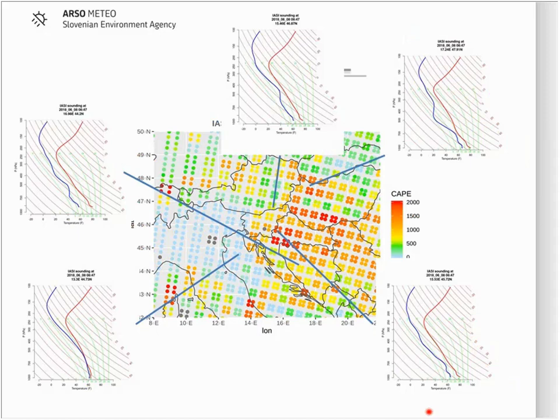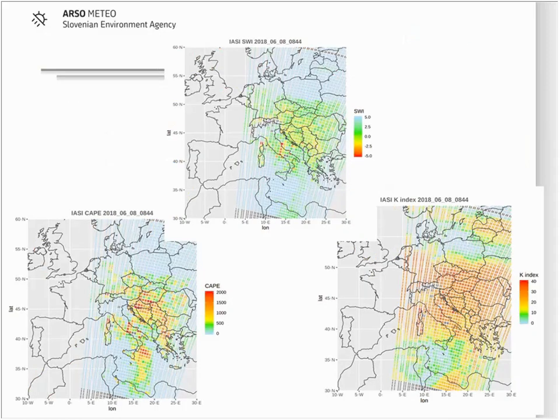Now here are a couple of images from the same day for the whole of Europe, and you can see that we have this quite unstable area here. What I'm showing you are 3 different indices: the Showalter index, the Cape, and the K index.